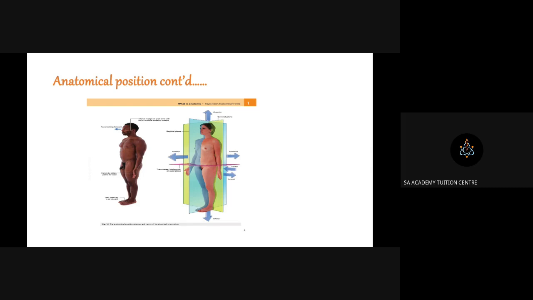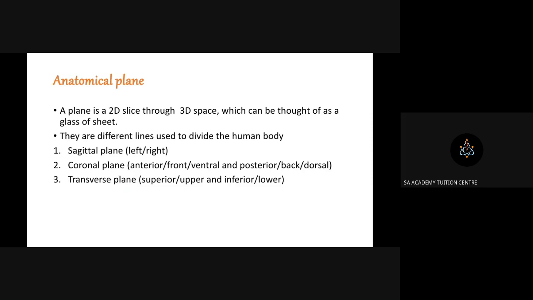So that plane there, which is in yellow, is the one that divides the body into the anterior aspect and the posterior aspect. All right. If people don't understand, they can pause me, unmute themselves, and ask their questions. The transverse plane divides the body into the superior aspect and the inferior aspect. The superior aspect can also be called the upper aspect, and the inferior aspect can also be called the lower aspect.